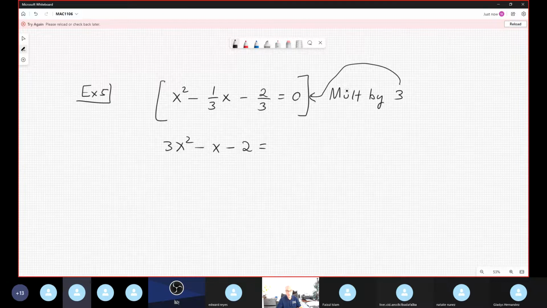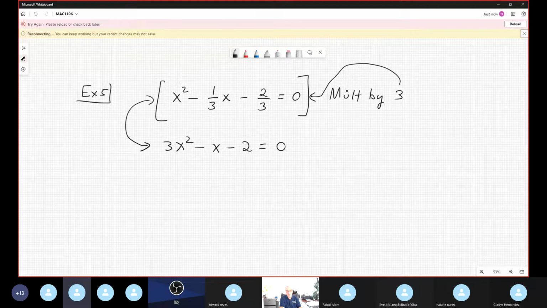And 0 times 3 is 0. And this equation is 100% equivalent to this. So there is no reason to spend time doing the quadratic formula using fractions. No, hello. You eliminate the fractions.